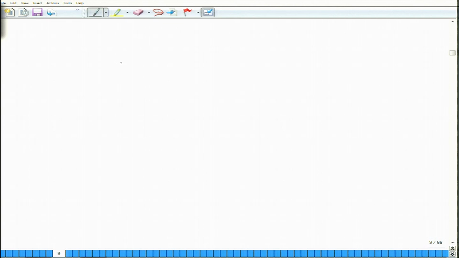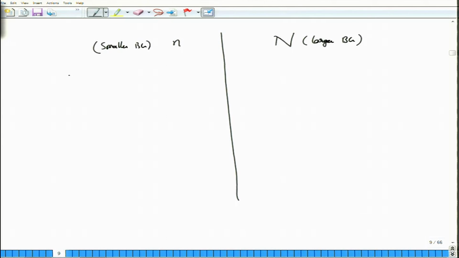Okay. Let us start by considering the junction between an n-type material and a capital N-type material. Remember, capital N will have a larger band gap, whereas small n will have a smaller band gap, but we will also assume that corresponding to the vacuum level, the electron affinity, which is where we had located the conduction band over here.